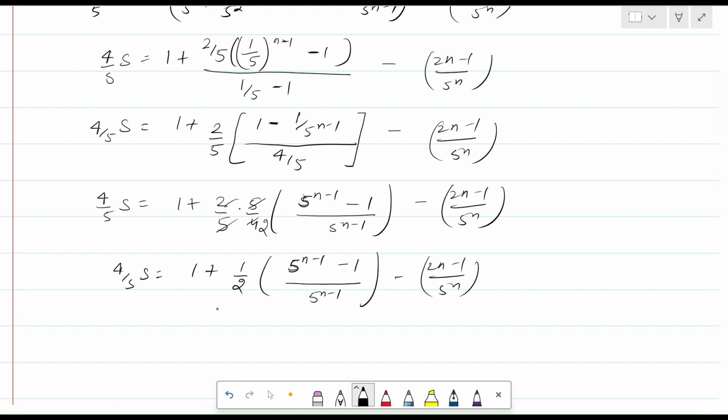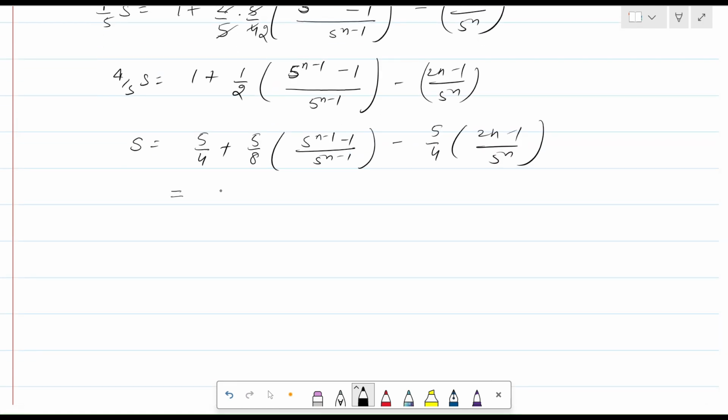So s will be 5 by 4, 5 by 8, 5 by 4, 2n minus 1 into 5 raised to the power n.